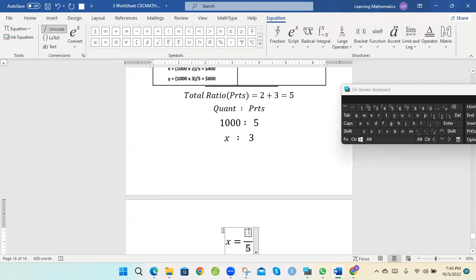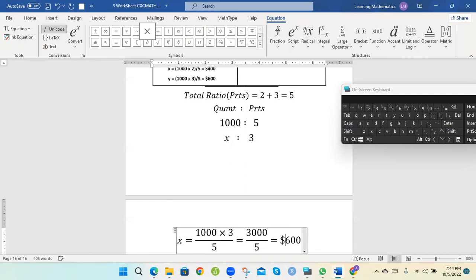Above it we put 1,000 times 3. 1,000 times 3 is 3,000, divided by 5. 5 into 30 goes 6, and you have 2 zeros. So the part of 3 is going to obtain $600.